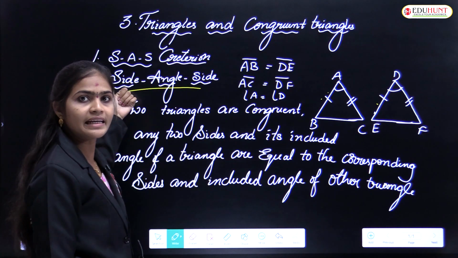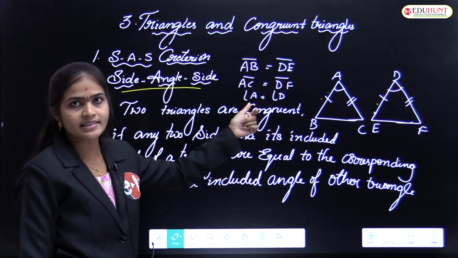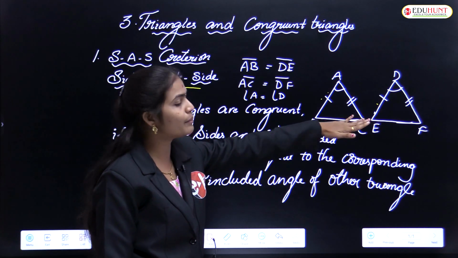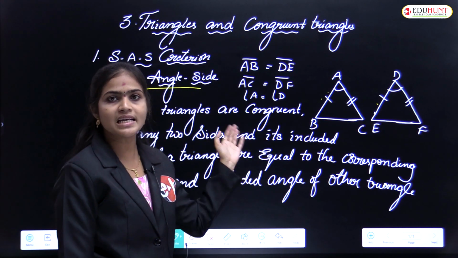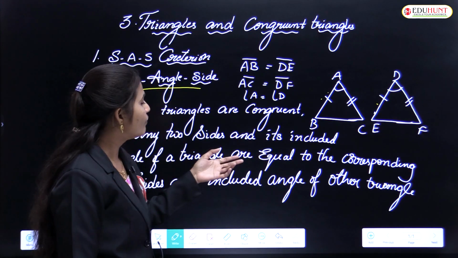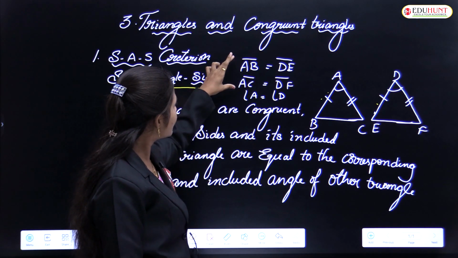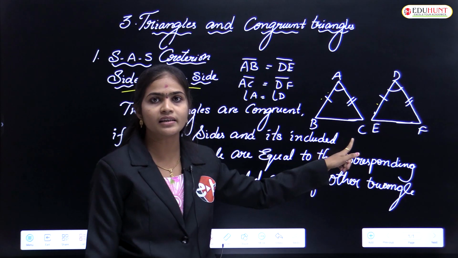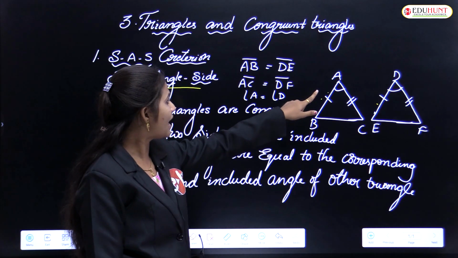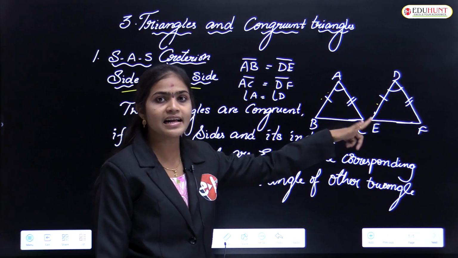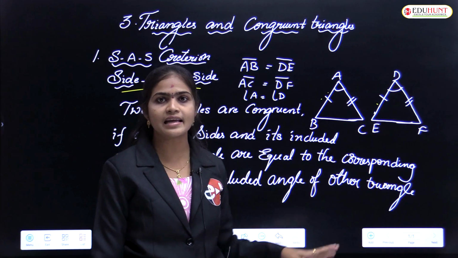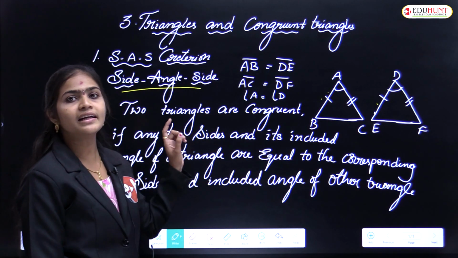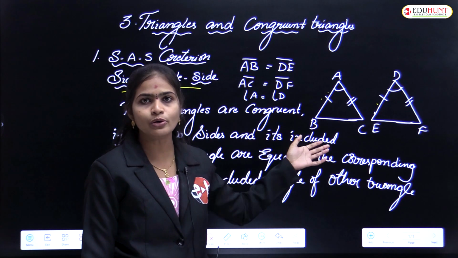According to which congruency? SAS congruency. If these three parts are equal, automatically the remaining parts also become equal. Why? Because these two sides are equal, so automatically the corresponding third sides are also equal, and since one angle is equal, the other two corresponding angles are also equal, no? So first compare any two sides and the included angle.